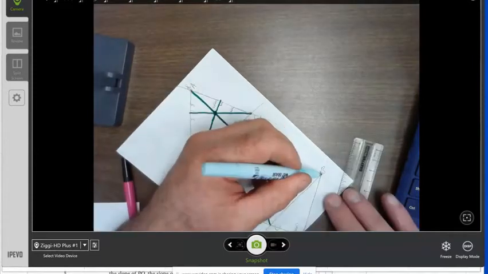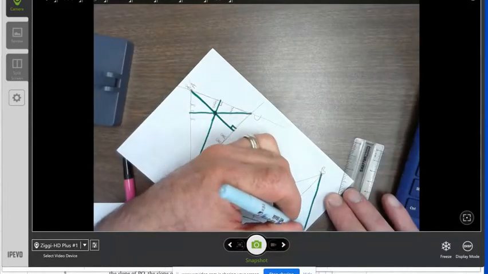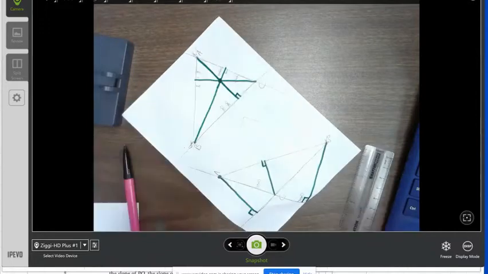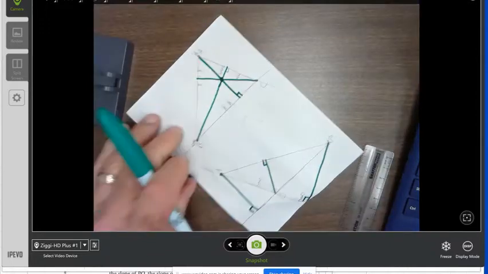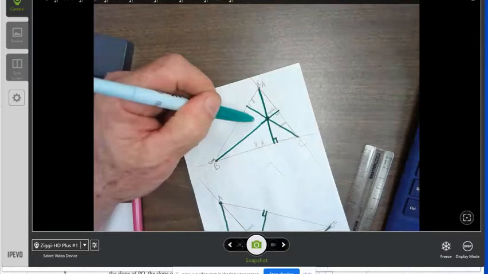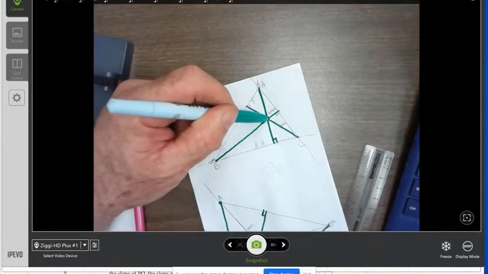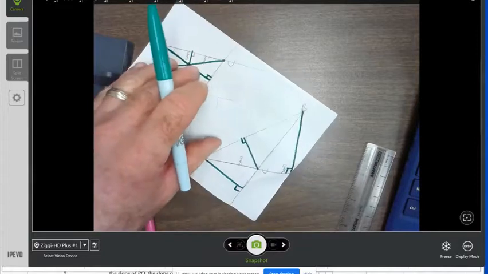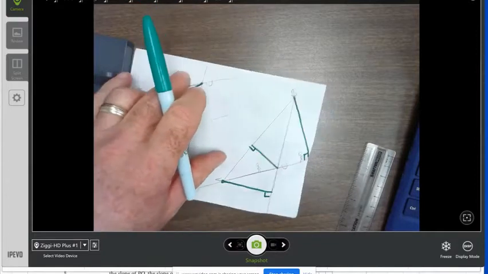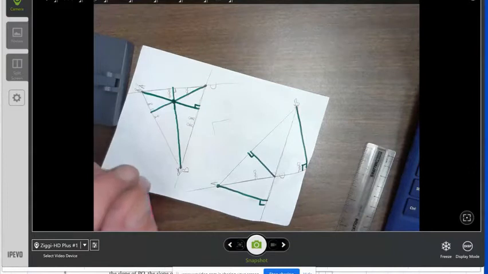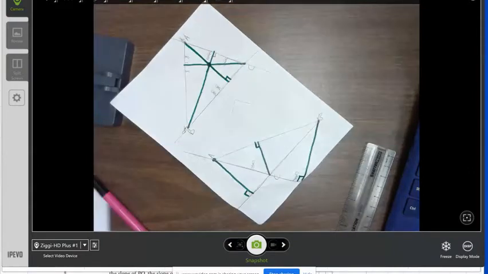So there's most of it, okay, and that forms a right angle right there. Now we said, when we did the first one, that all three of the altitudes intersect, that they're concurrent. But these three don't look like they are touching each other unless I extend them.